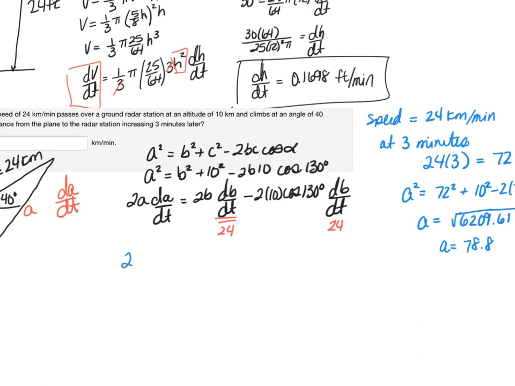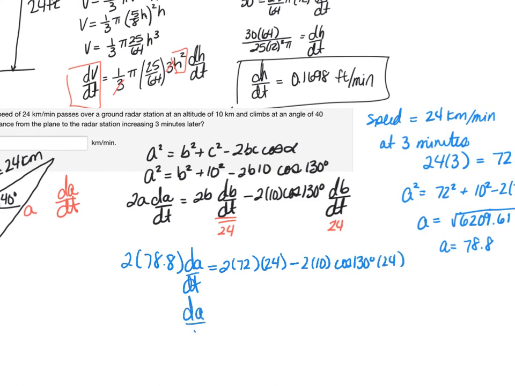So 2 times 78.8 dA/dt, and remember that's what I'm trying to find, is equal to 2 times 72 multiplied by 24 minus 20 times cosine 130 times 24.